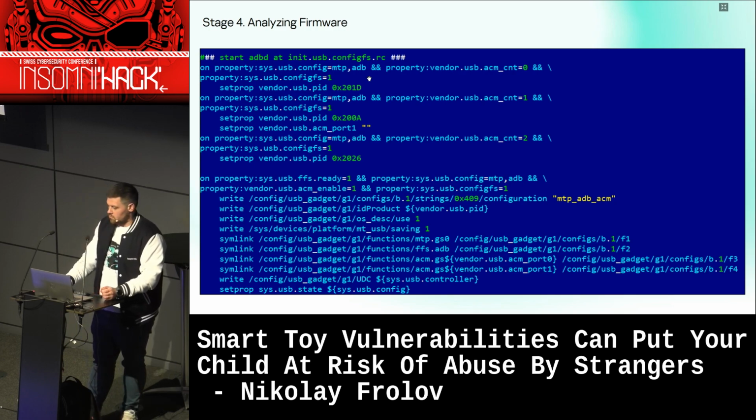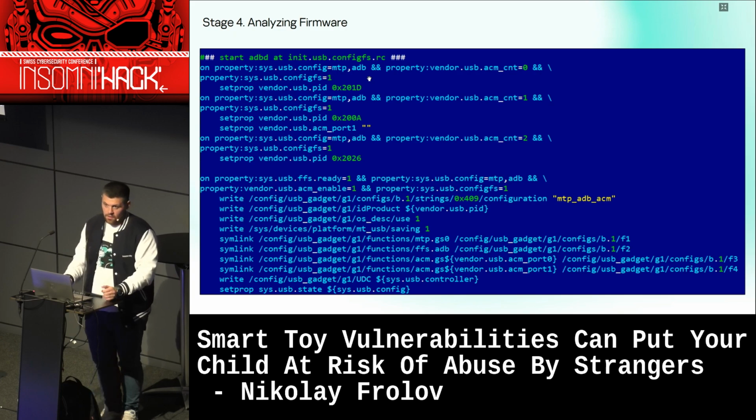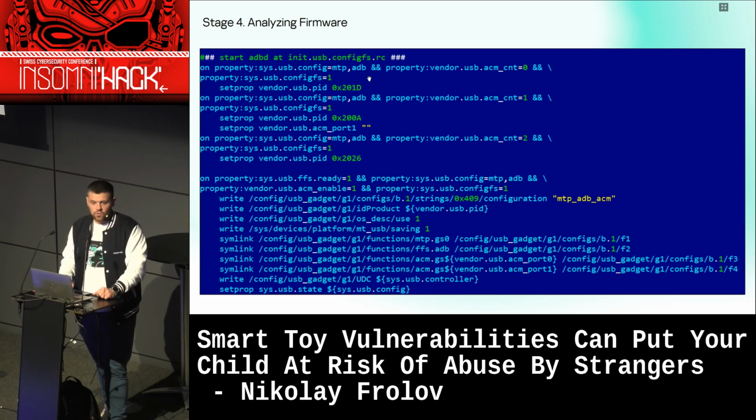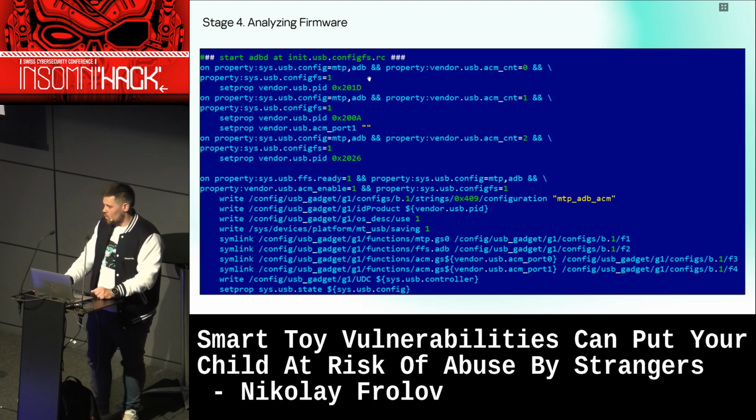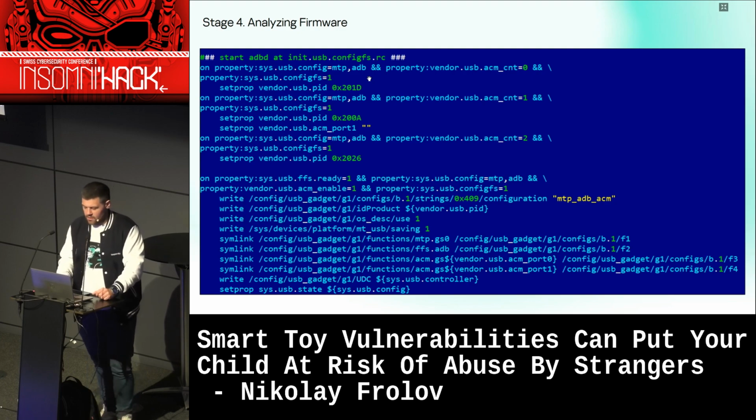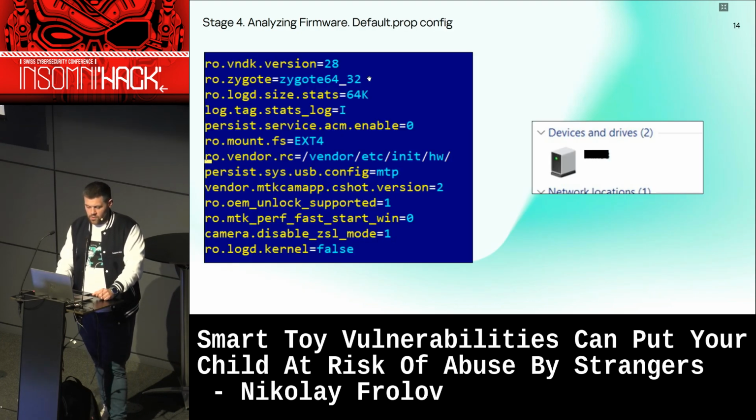But we started to look for the answers to two questions. The first question: how can we get into ADB mode? And the second question: why doesn't ADB work when we connect it? First I'll answer the second question.